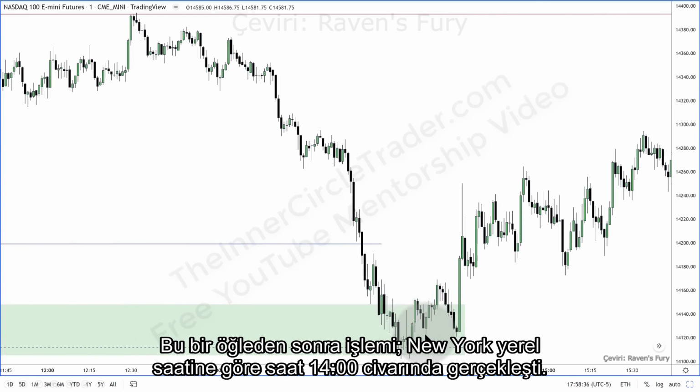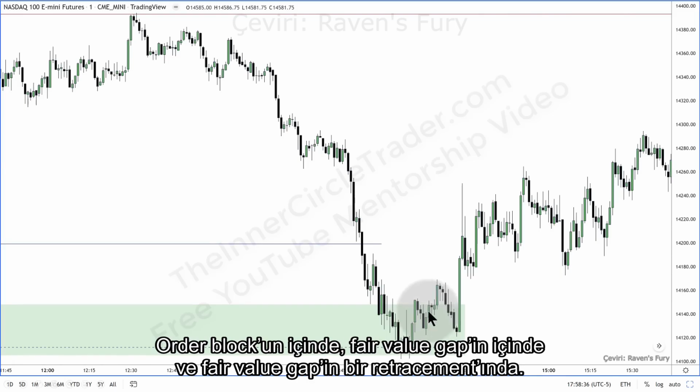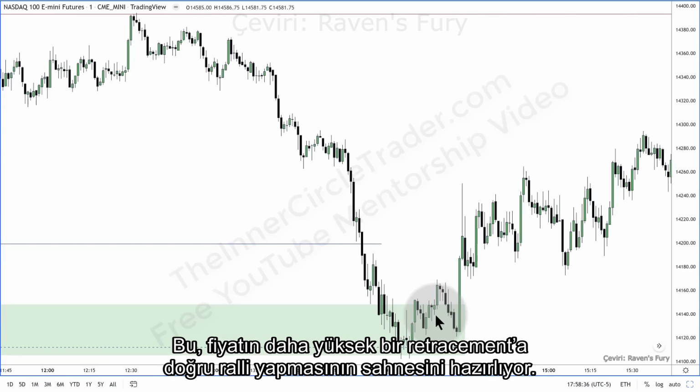This is an afternoon trade. This is 2 o'clock in the afternoon, local time in New York, inside the order block, inside the fair value gap, inside a retracement of the fair value gap that sets the stage of a market run up into a higher retracement.